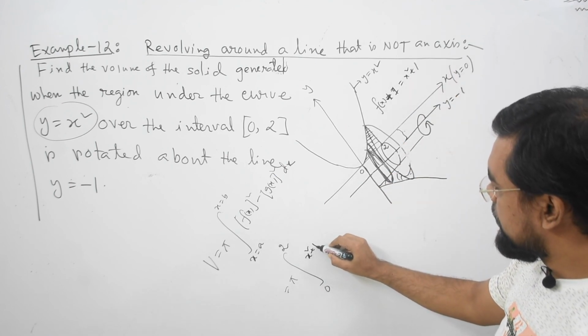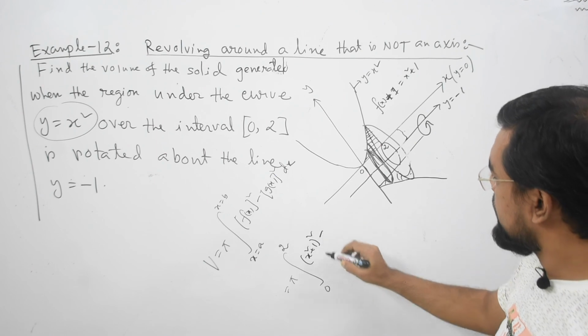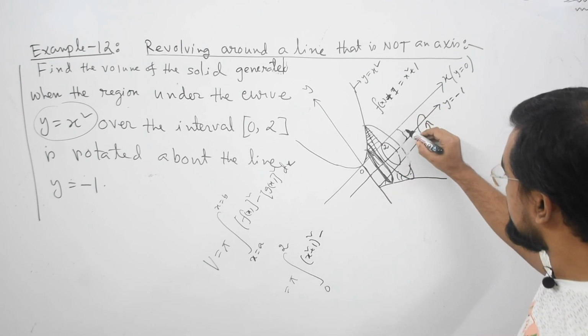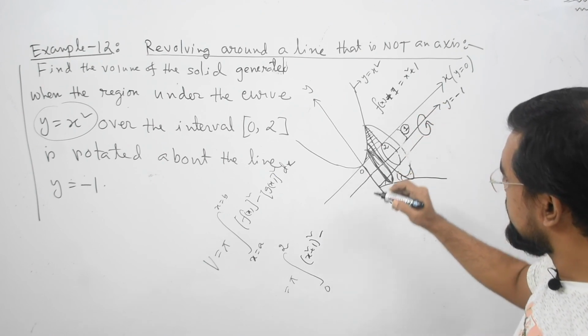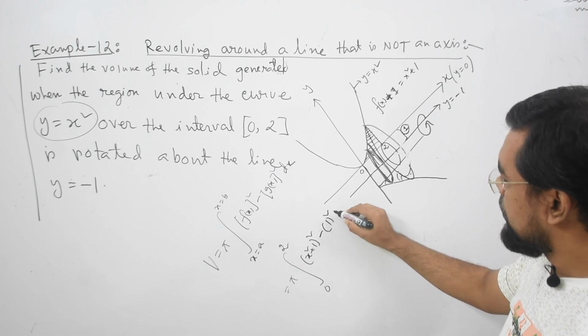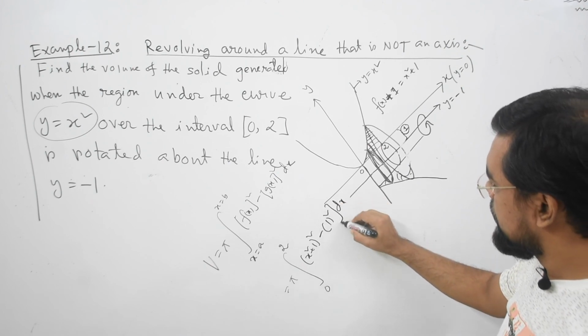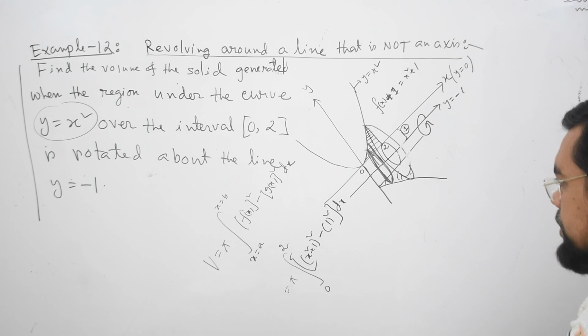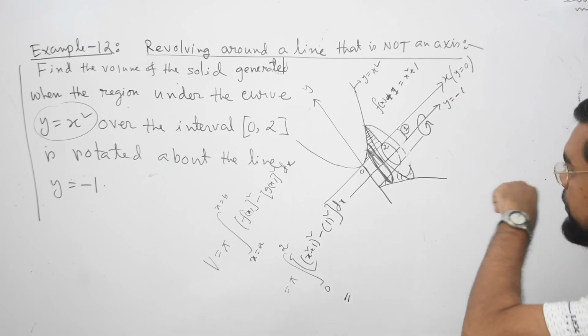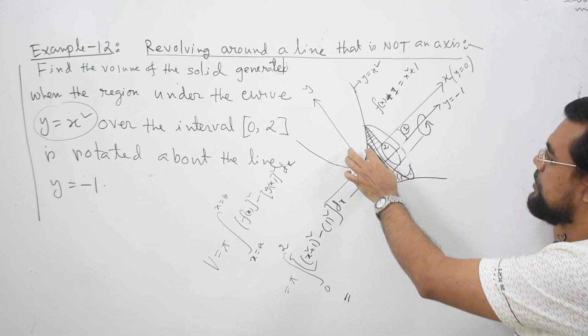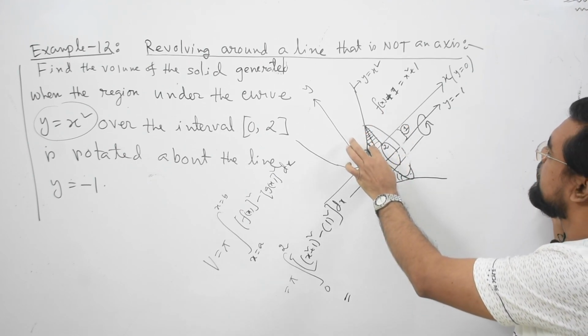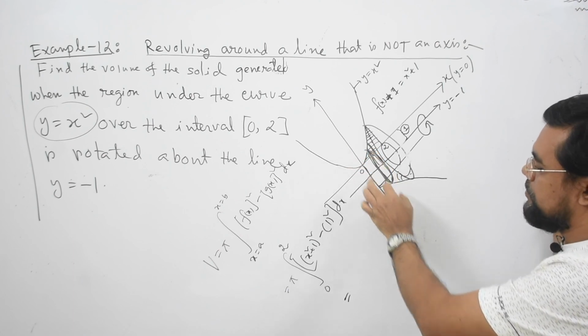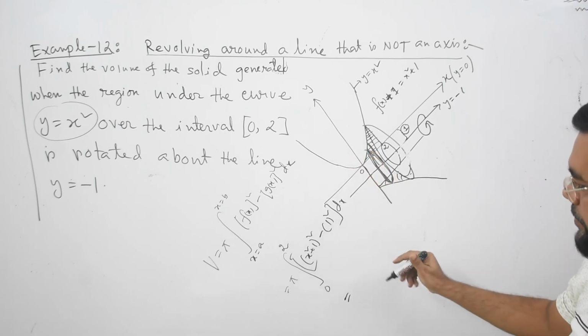So x square plus 1, whole square, minus g of x. Easily we can understand that g of x equal to 1. So 1 dx. So that's it. It's not so difficult, but you need to note that in all other cases we just take f of x, but here you need to add another 1 with the f of x.